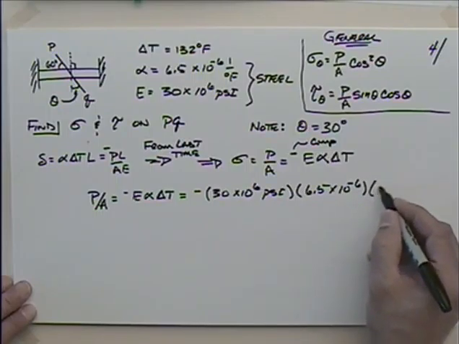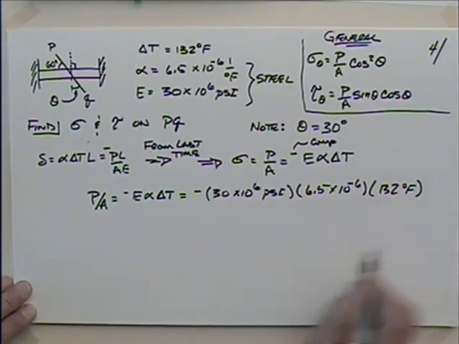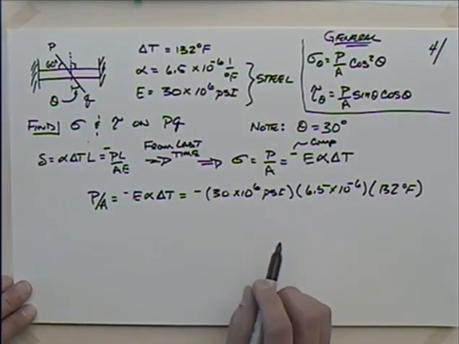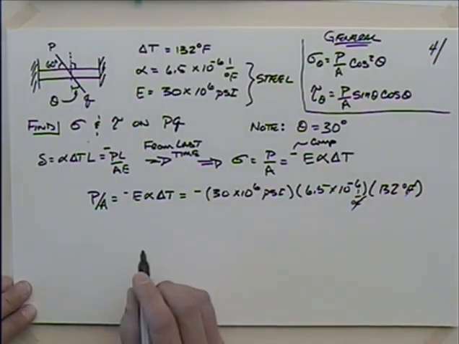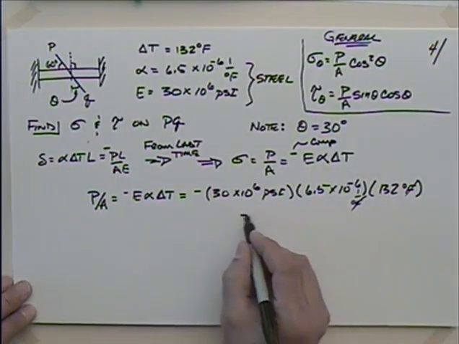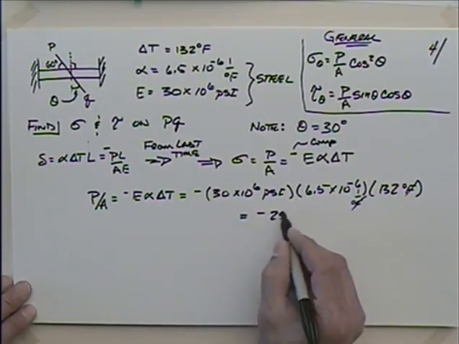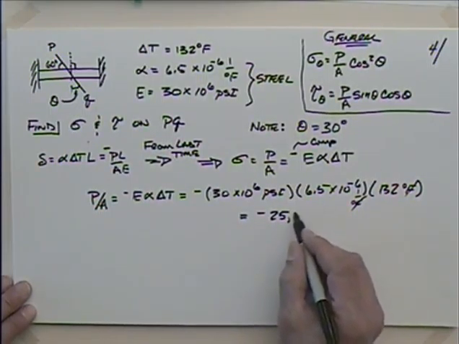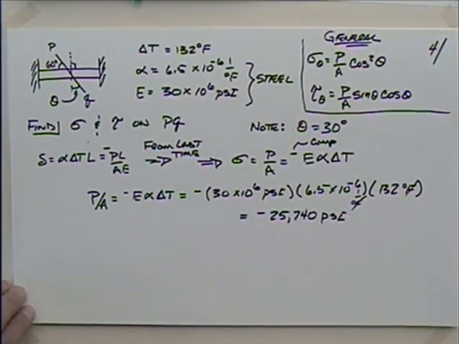Times delta T, which is 132 degrees F. This is 1 over degrees F, so those cancel, and I get psi in the answer, which is good. That turns out to be equal to minus 25,740 psi. Questions with that so far?